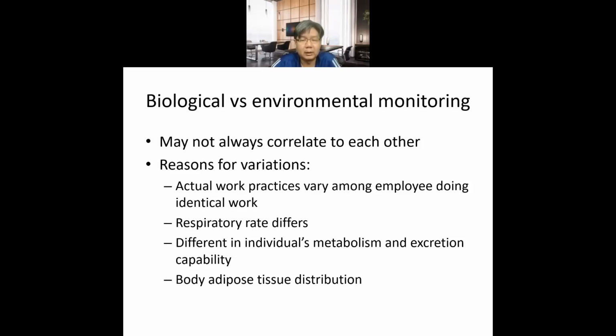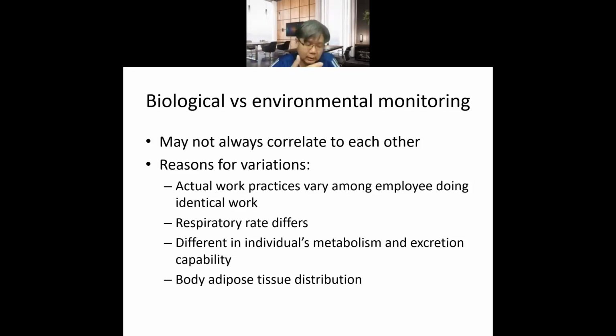Say in your environmental monitoring you measure the mercury level, and the mercury level of fumes in the air is quite high in the workplace. Then we do mercury levels for all the workers, say 20 workers, and probably only one of them is abnormal, 19 workers are all normal. So it seems like they do not tally with each other.